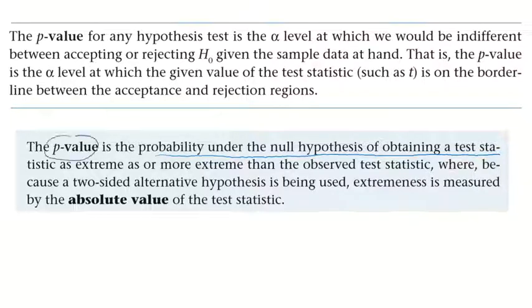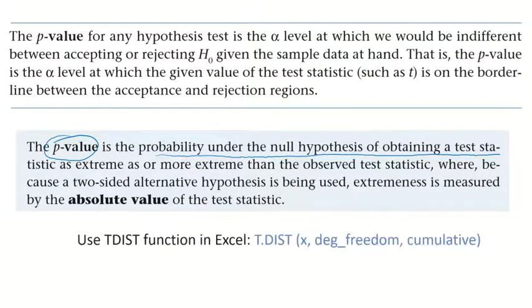Okay, so let's look at our examples from a while ago. Now, before we go there, this is the formula to find p-value in Microsoft Excel. T dot distribution, and then we input our t statistic, and then the degree of freedom, and then we simply choose cumulative.